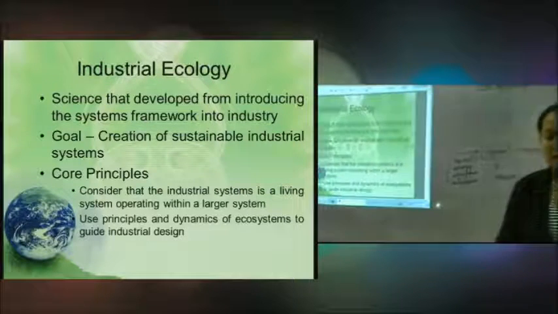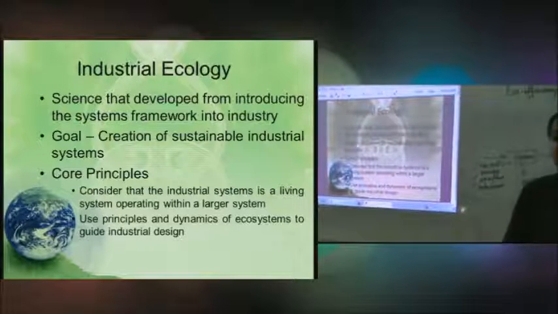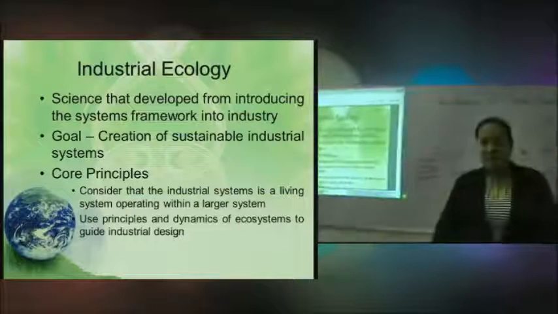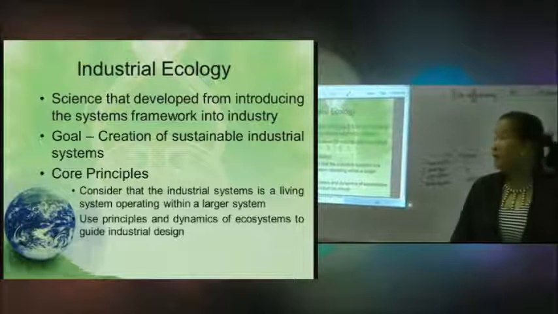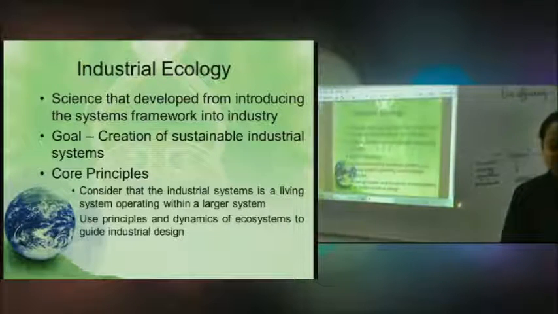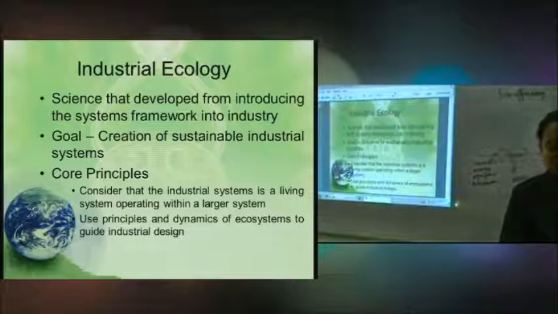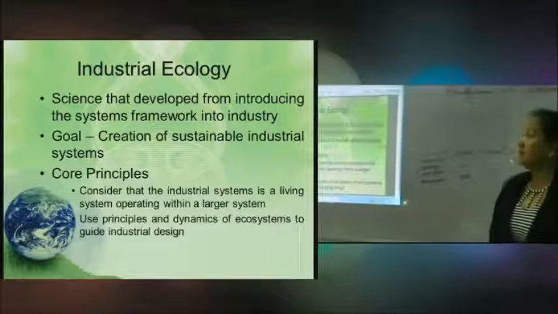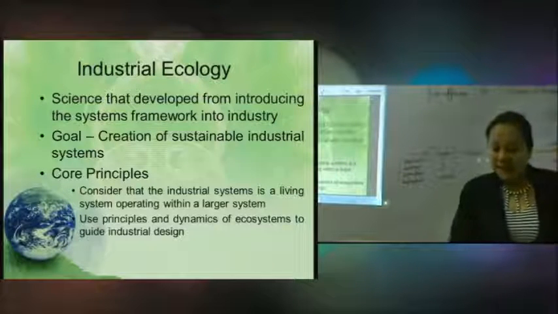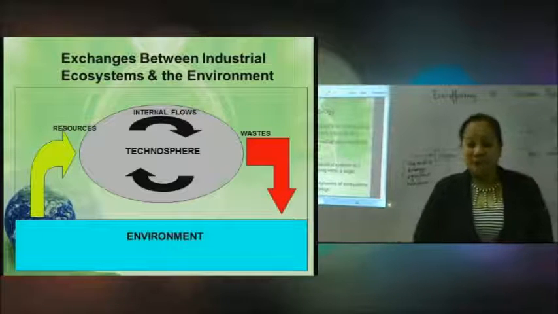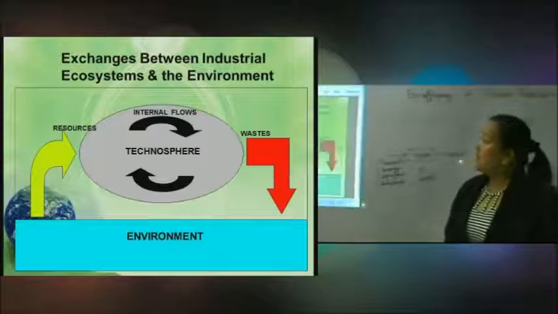Our goal in industrial ecology to promote sustainability is to create a sustainable industrial system. How do we identify whether it's a sustainable industrial system? We actually would like to optimize the total material cycle. And it is shown by the figure here.